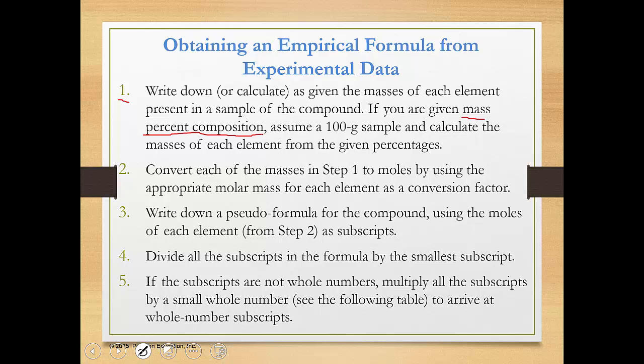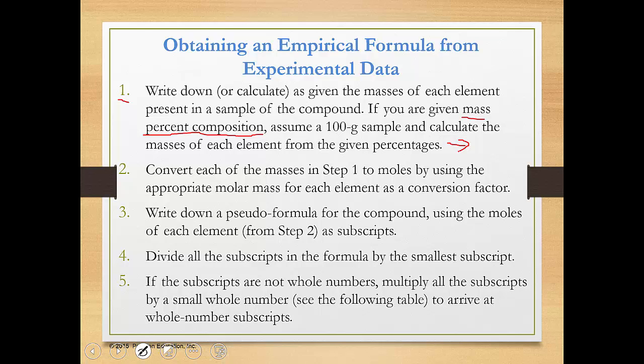39% of this element and 61% of another element. So assuming a 100-gram sample, you can convert percentages to grams, and then you can simply convert that to the grams of a particular element.